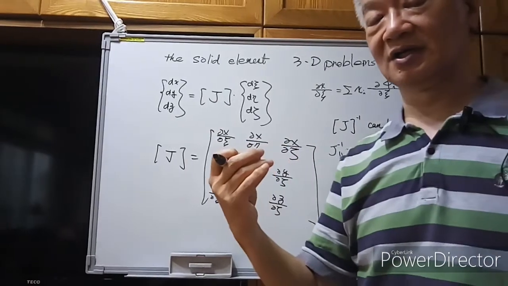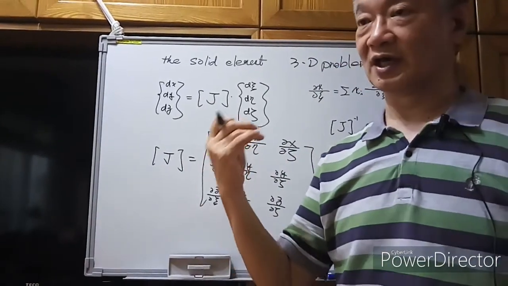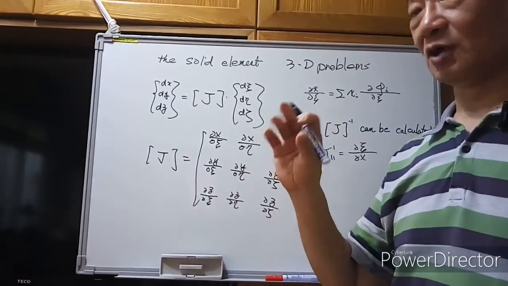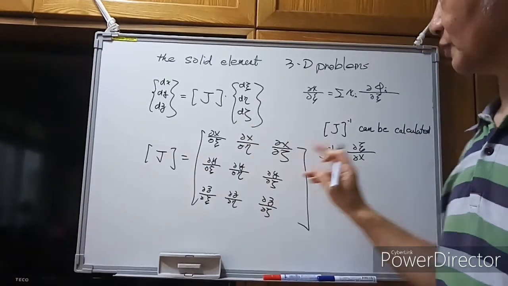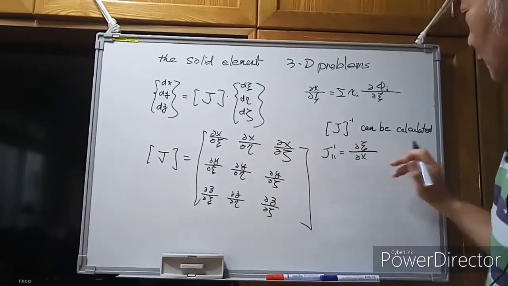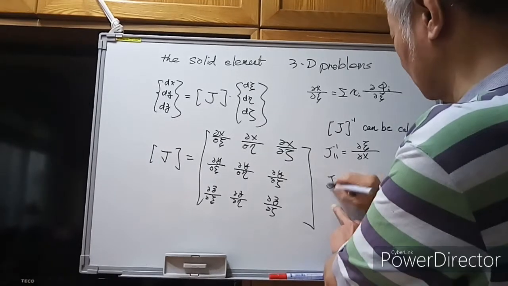Then you can write the meaning of the elements in the J inverse. What is the corresponding value of this one? So that's for this one.